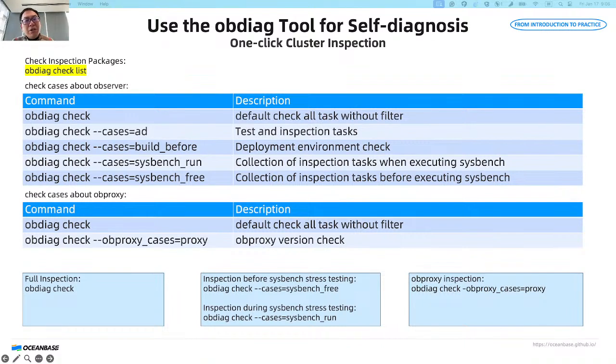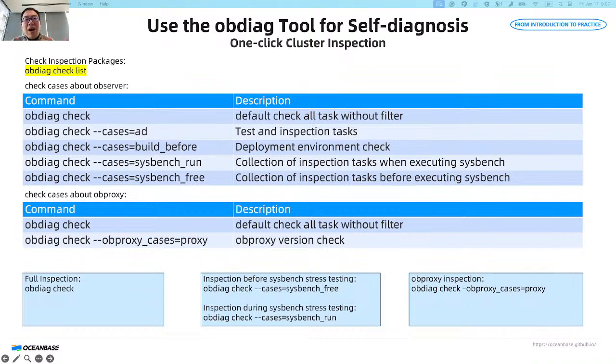Next, I will introduce the first function item of obdiag, one-click cluster inspection. The inspection content includes a lot. This command, obdiag checklist, is used to display the inspection content. For example, the obdiag check command will check all tasks without filter.